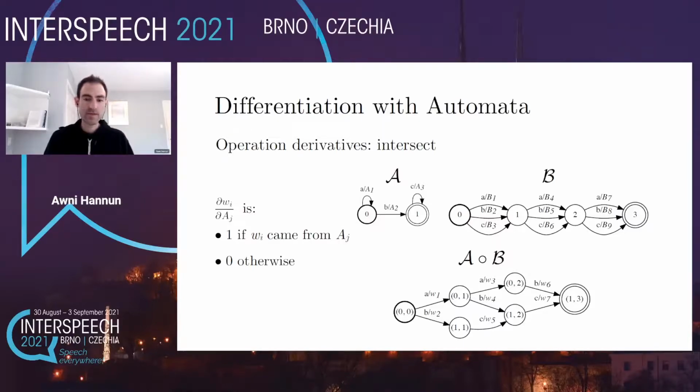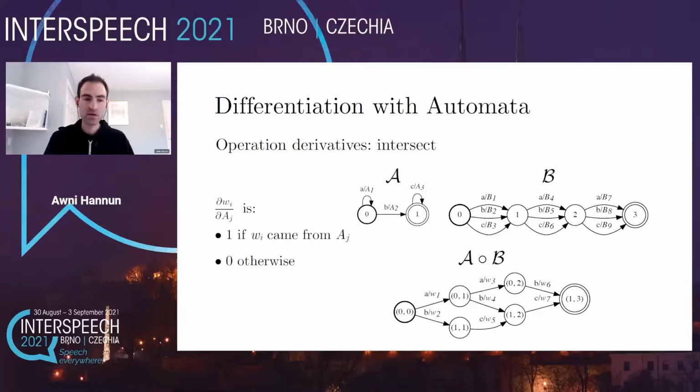Each of the arc weights in the output graph comes from two arcs, one in the first input and one in the second input. So W sub 1 in this graph will come from one arc in A and one arc in B. So it should have two non-zero derivatives, and the derivatives with respect to the rest of the arcs will be 0. The same is true for all the other arcs in this graph.